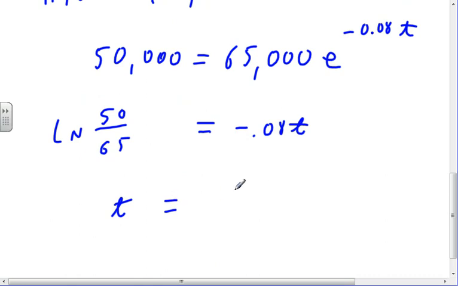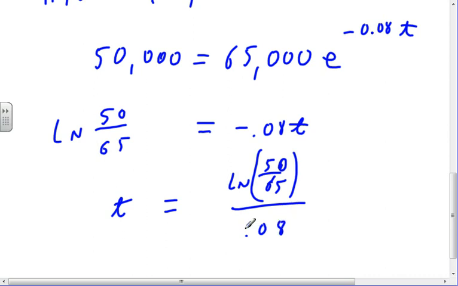T is equal to natural log of 50 divided by 65, divided by 0.08 with a minus sign, which will make it all positive because the log of something less than 1 is negative. Okay, so I got log of 50 divided by 65 divided by 0.08, boom, and I got 3.28 years. We'll call it 3.3 years.